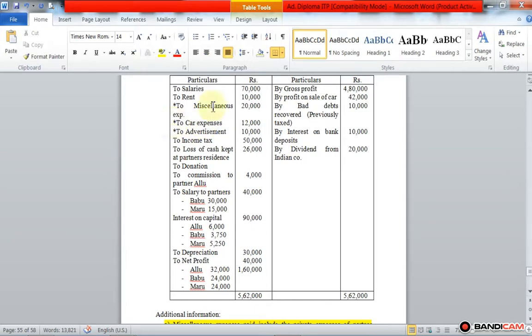Car expenses is given as rupees 12,000. So 1/3 of car expenses is related to personal purpose of the partner. The remaining 2/3 is used for business purpose or firm purpose. So 2/3 of car expenses is an allowable expenditure of the firm and 1/3 is disallowed.